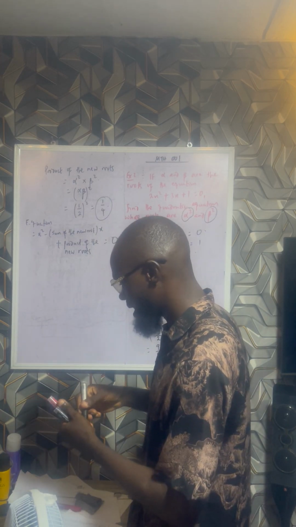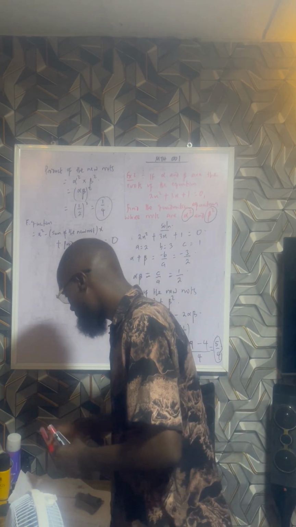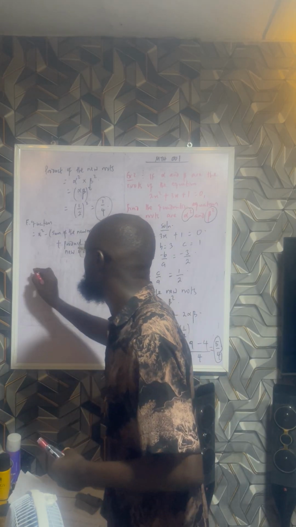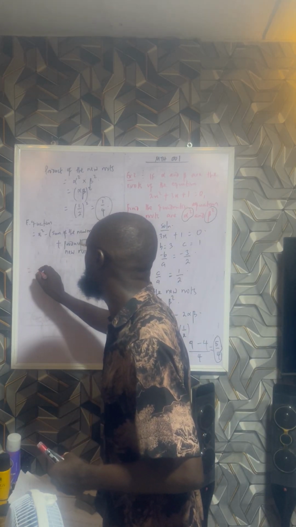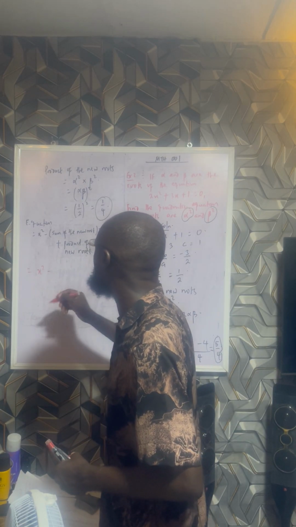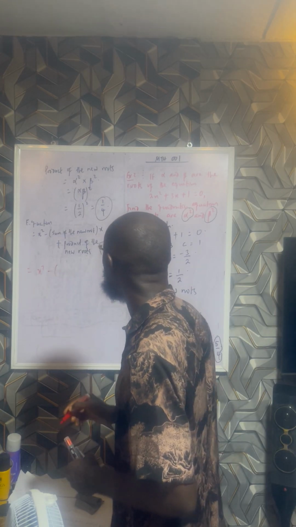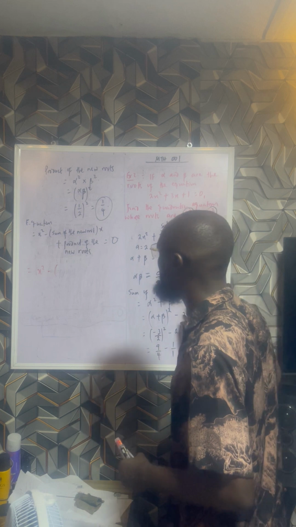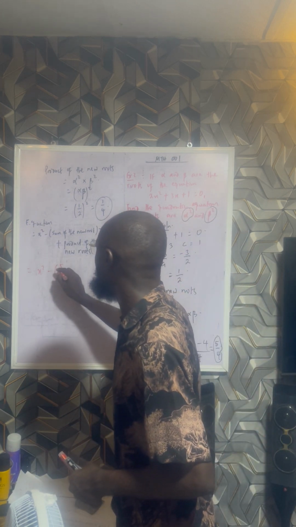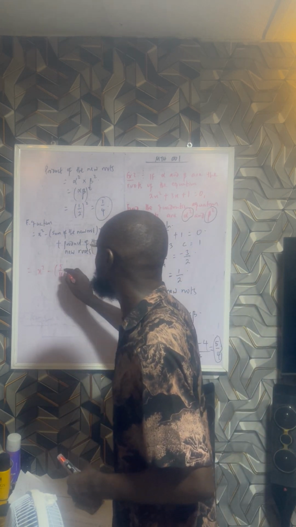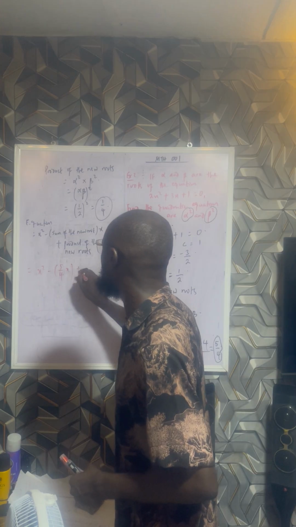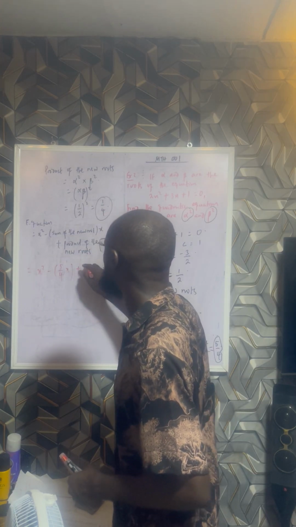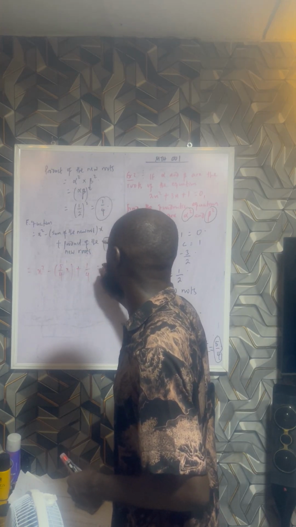So we now have x squared minus, open bracket, the sum of the new roots, that's 5 over 4. You put it there, 5 over 4, there is x there, x plus the product of the new roots, 1 over 4 is equal to 0.